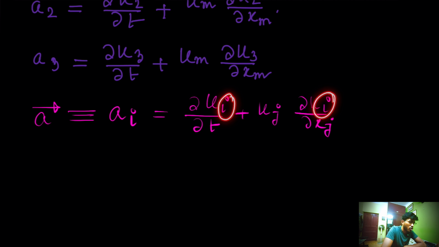Okay. So it does not matter how many dummy indices each term has, but the number of free indices will determine which ordered tensor the parameter is.